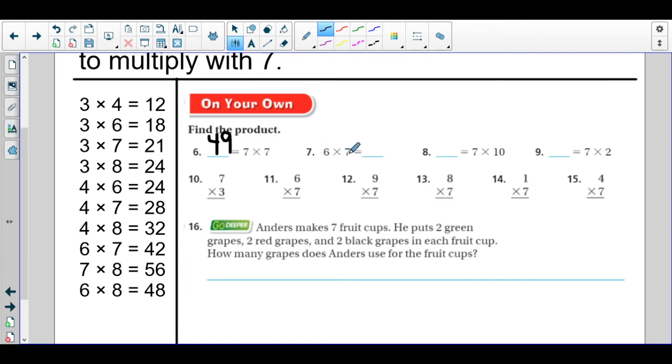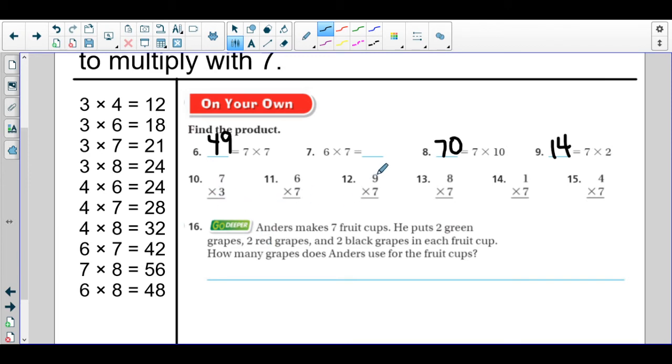6 times 7, don't know that one. 7 times 10, that's one that we should know. That's 70. 7 times 2, we're counting by twos: 2, 4, 6, 8, 10, 12, 14. 7 times 3, that's not familiar. Neither is this one.